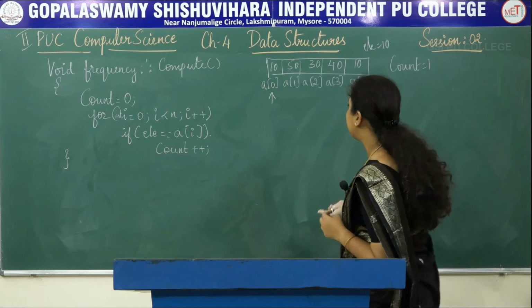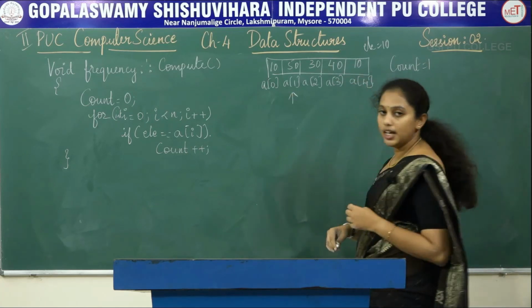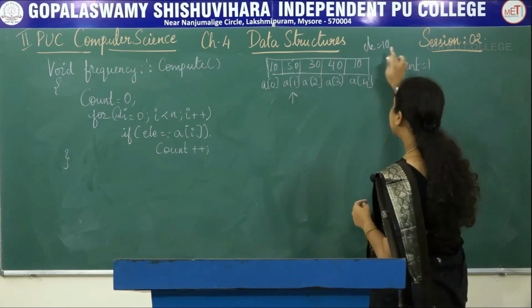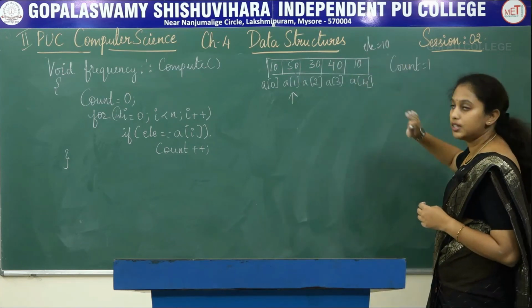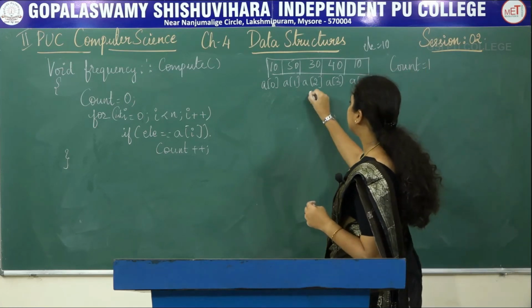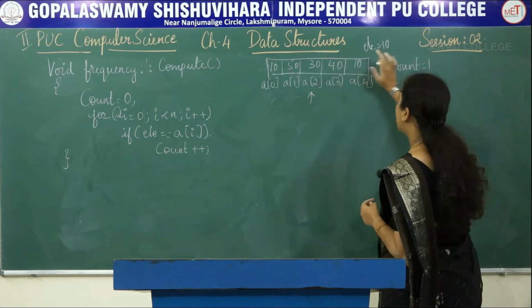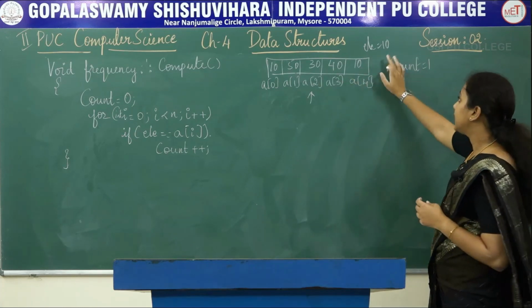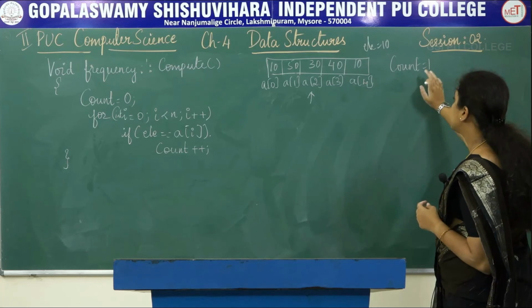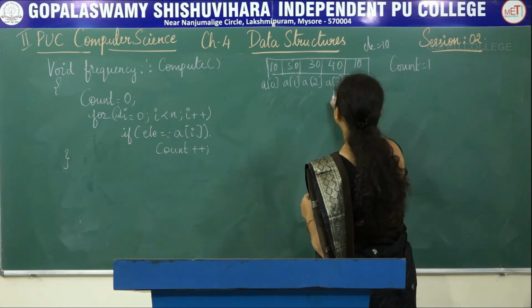Next I compare with the second element: 50 does not equal 10, hence count remains the same. Third element: 30 does not equal 10, so count remains the same.